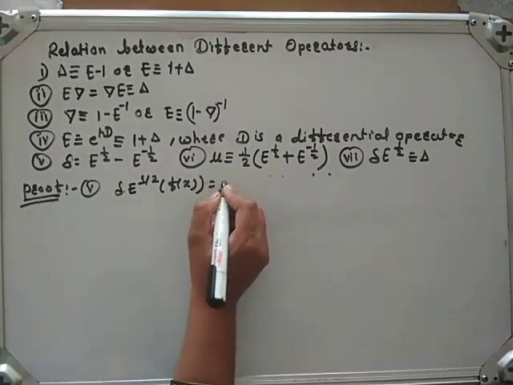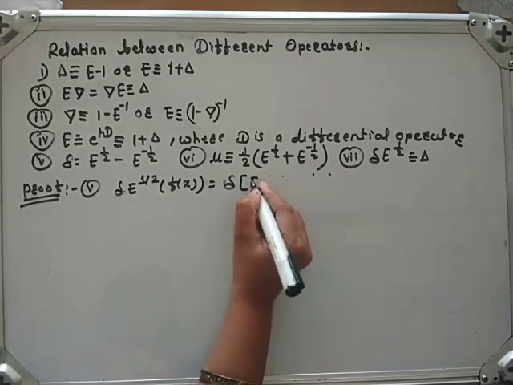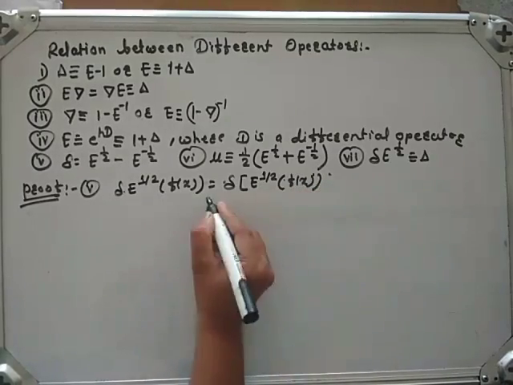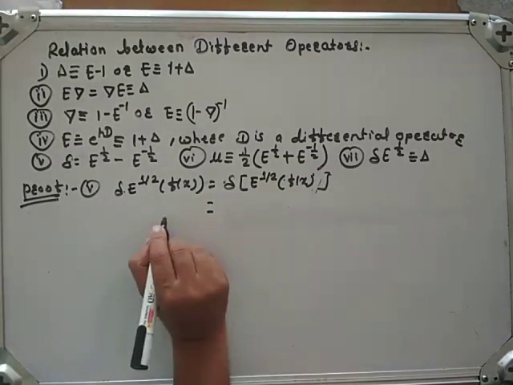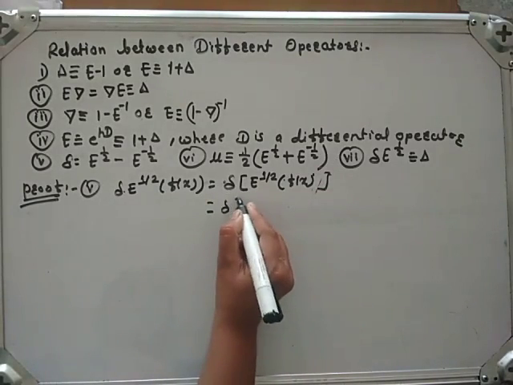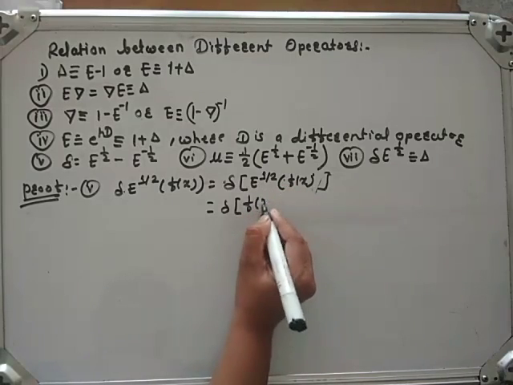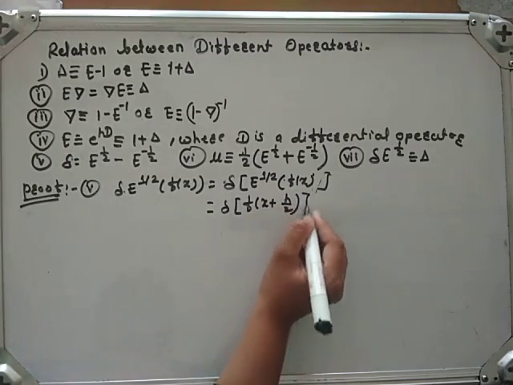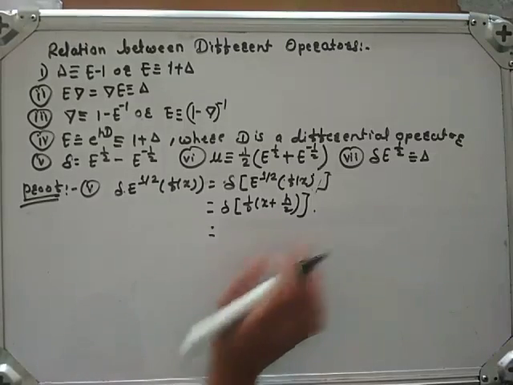This can be written as delta of E raised to 1 by 2 of f of x, which is equal to delta of f of x plus h by 2.